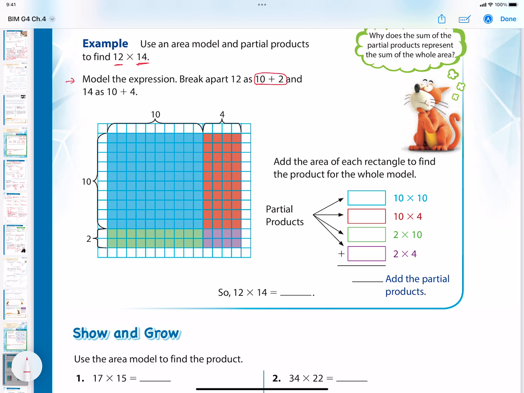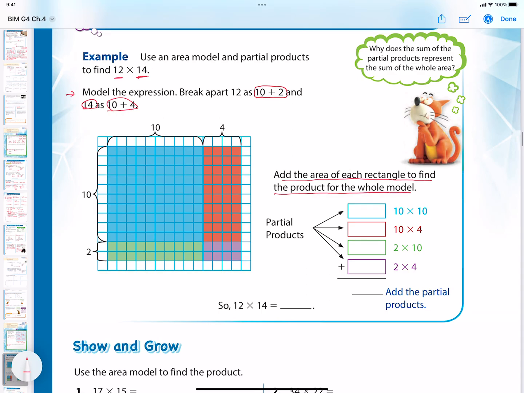We broke this down to several pieces, right? And 14 is 10 plus 4. Now add the area of each rectangle to find the product for the whole model. Okay, but here I think this is Newton or Descartes. I don't know, but let's see what he's thinking.